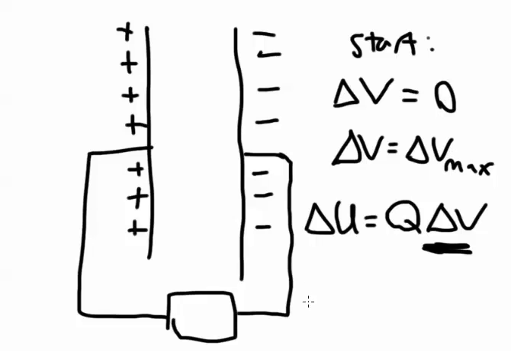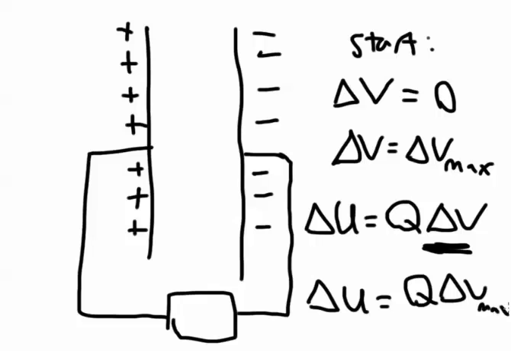So what I should actually use is delta U to charge up the capacitor is Q delta V max over 2. So I'm using half of the maximum potential difference, which is an average. And that tells me the energy that's required to charge up the capacitor.